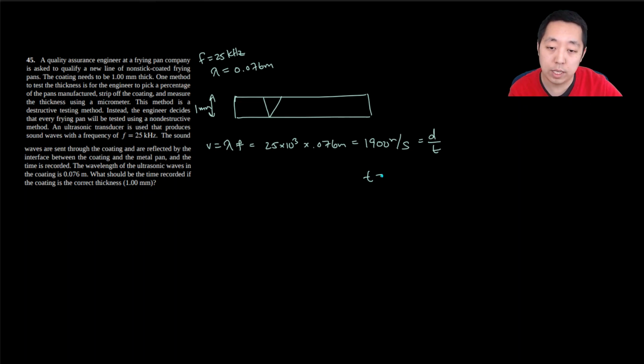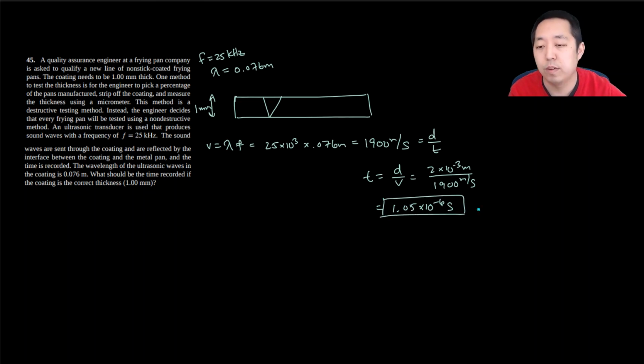So the time it will take is the distance over the velocity. The distance it travels from there and back is 2 millimeters, divided by the velocity of 1900 meters per second. So that's 2 times 10 to the minus 3 divided by 1900. That's 1.05 times 10 to the minus 6 seconds, or 1.05 microseconds.